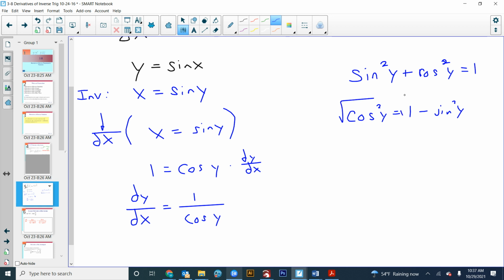Square root both sides. Cosine of y equals plus or minus the square root of 1 minus sine squared y. Are you with me so far? What is the cosine of y? Plus or minus?